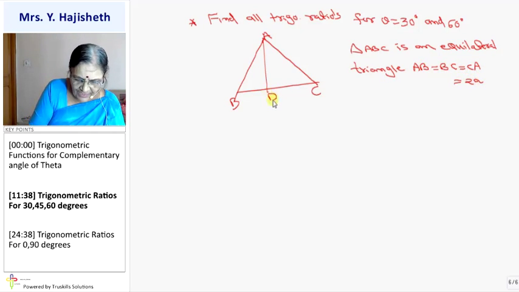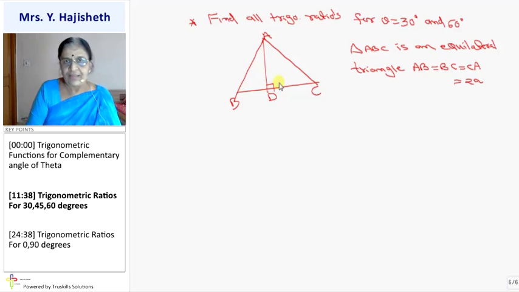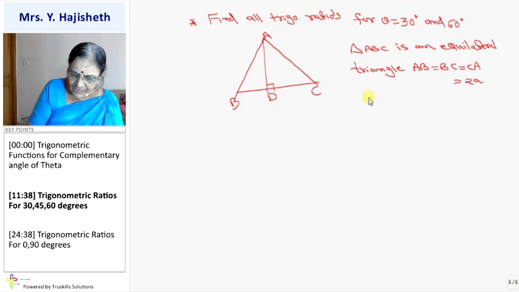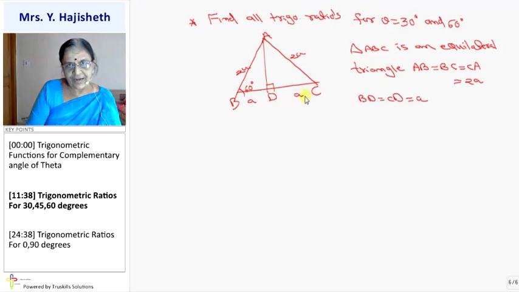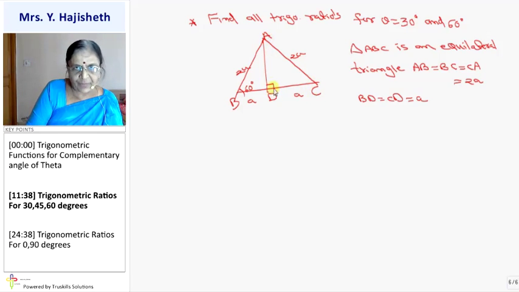Then if I draw AD perpendicular to BC, then AD bisects BC, so my BD is equal to CD is equal to small a, because it bisects the base, 2A. Each angle is equal of 60 degree. Angle B is 60 degree, right? But AD perpendicular bisects the base and angle also. Total is 60, so this is going to become 30 degree. Clear?